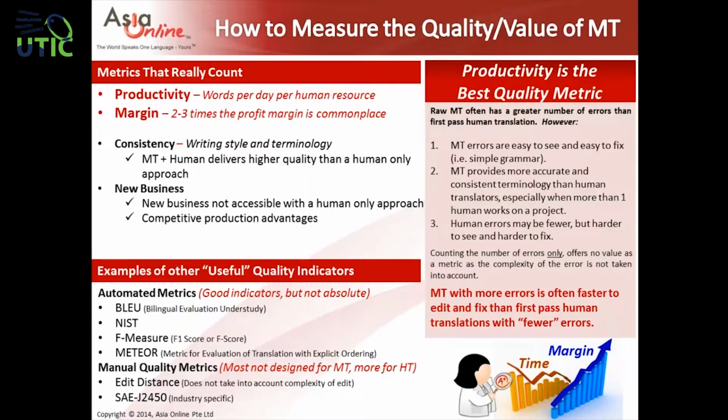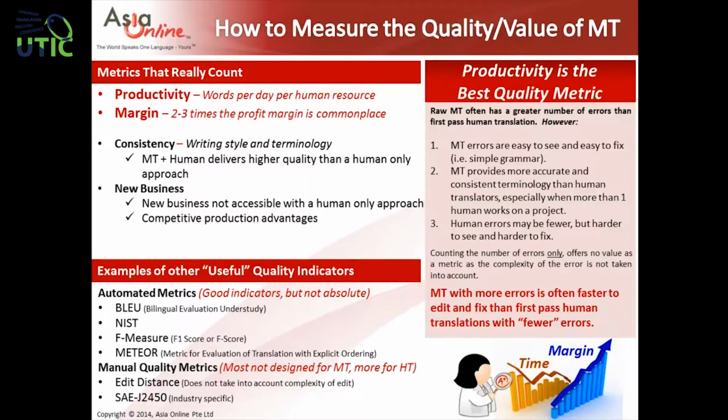There's many useful tools and metrics like the BLEU score or the F-measure and METEOR or edit distance, and these all have some value, but they should not be the real basis of why you use MT or why you do not. The best measure is, does it get work done faster? Does it get work done cheaper?